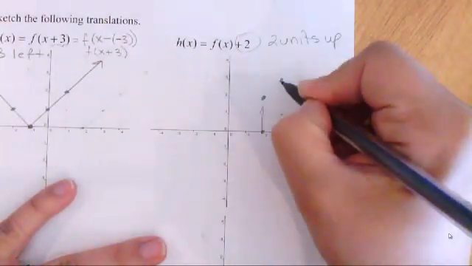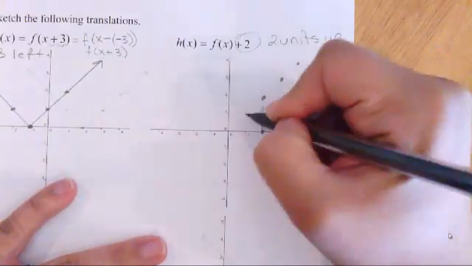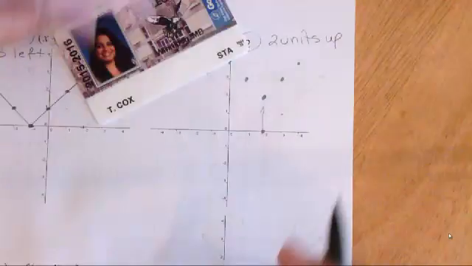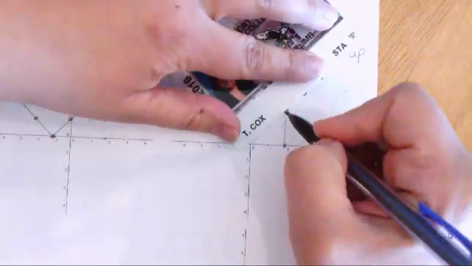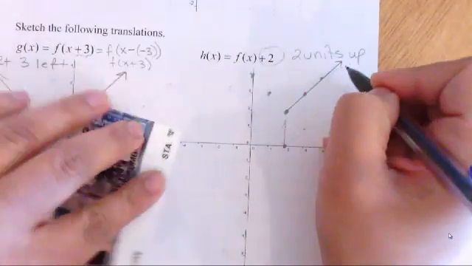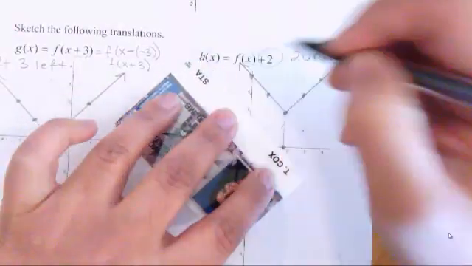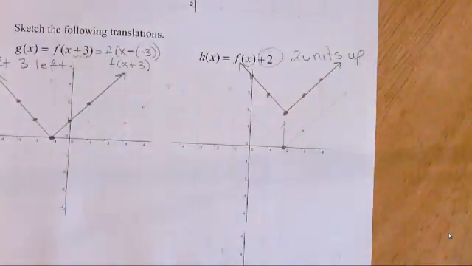Then you redraw your graph with your ruler or straight edge. Now that's your graph of h of x.